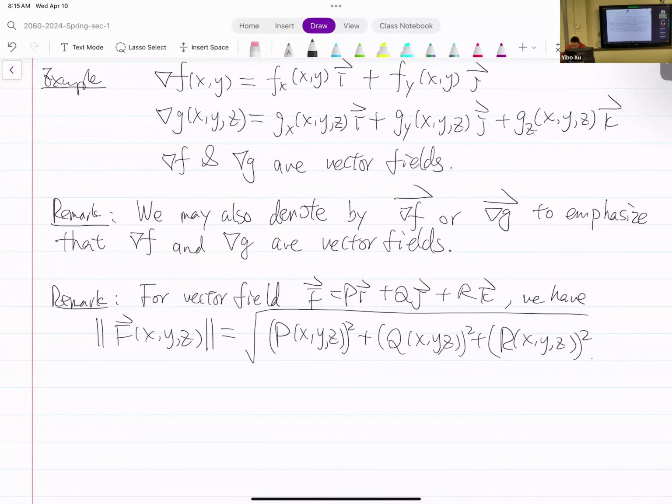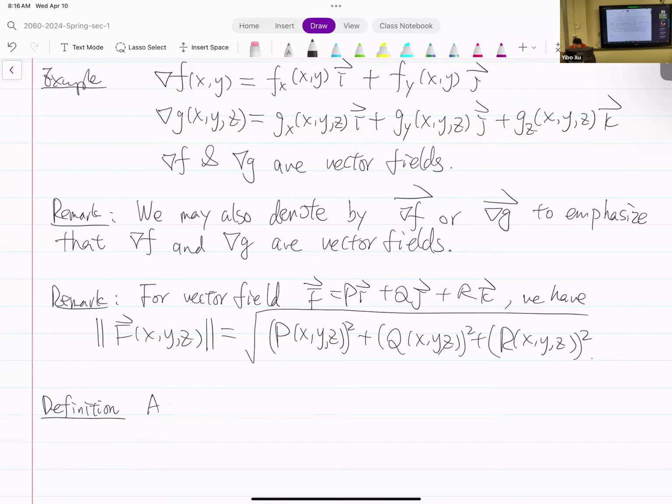Right. So now, since we are given the example of a vector field to be the gradient of a bivariate or a multivariate function, right? So for those vector fields resulted from the bivariate or multivariate function, we have a special name for it.